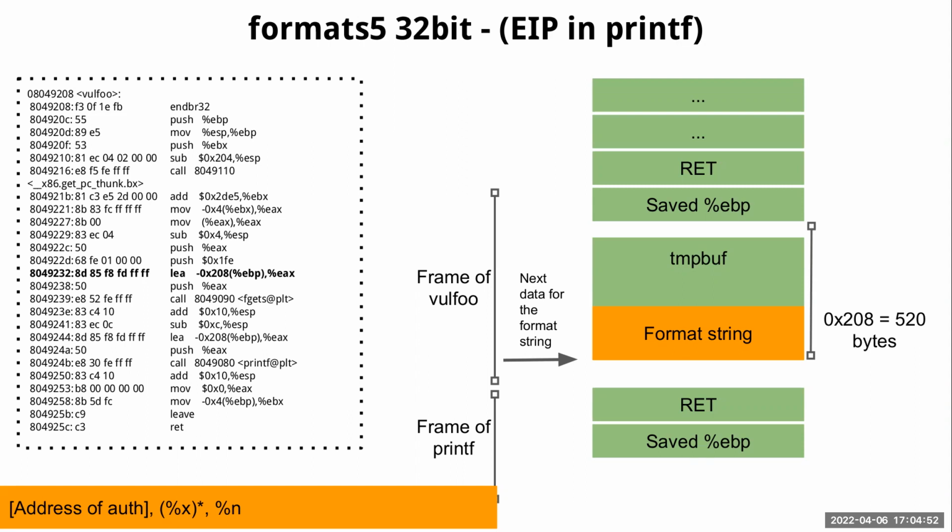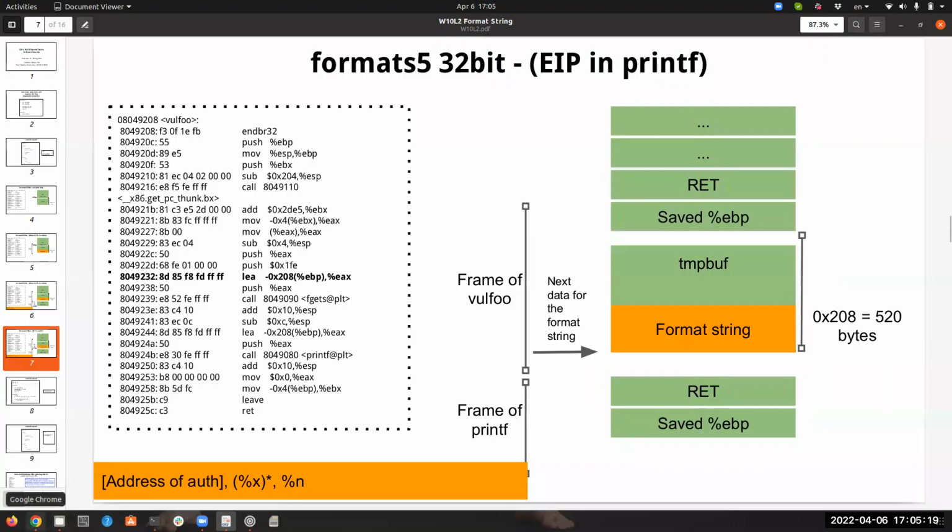If the format string has a lot of format specifiers, then it will keep looking for those parameters on the stack. So that's how we can fool the printf function to treat whatever we input there as the parameter for it.